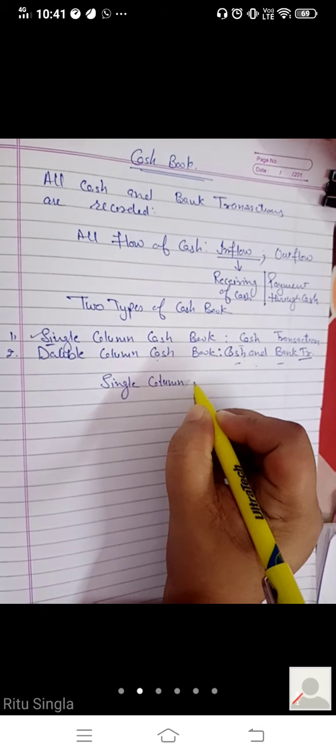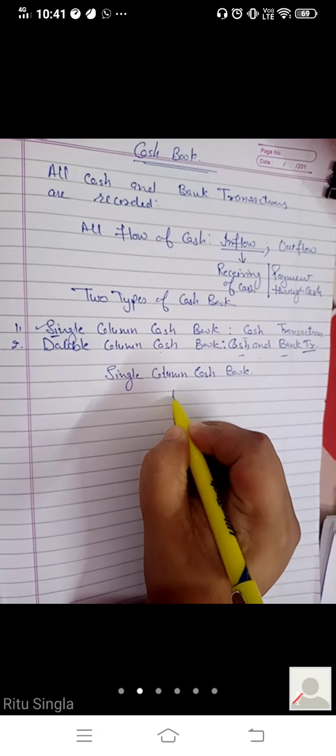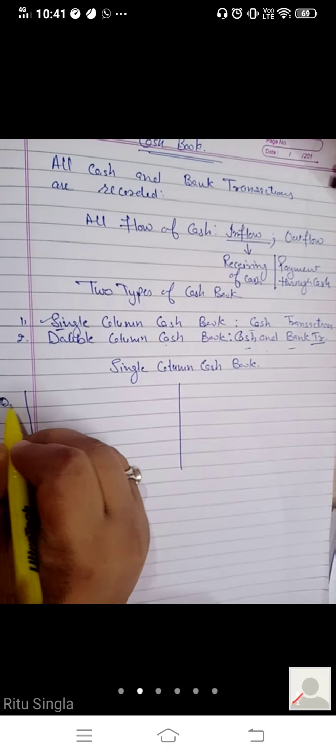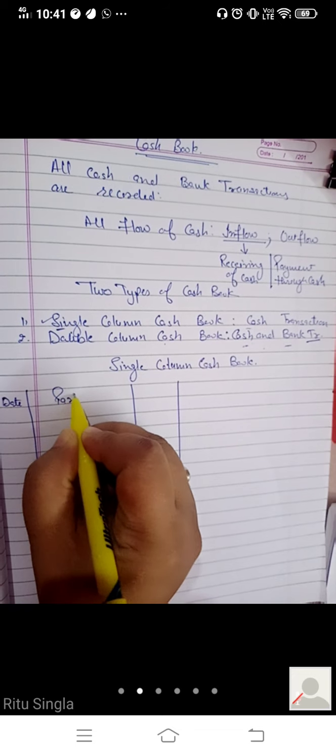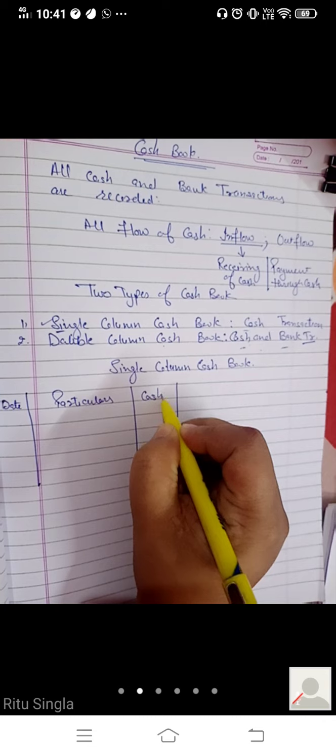Simple format is there, just like ledger. First column is date, then particulars, cash amount.